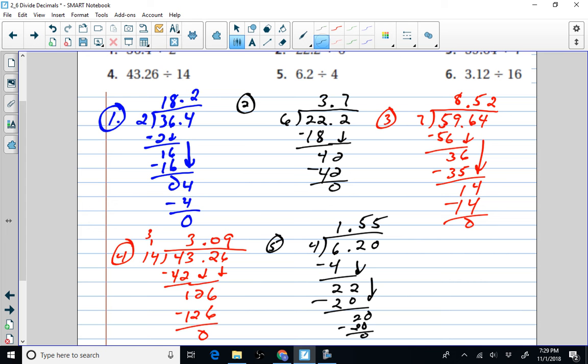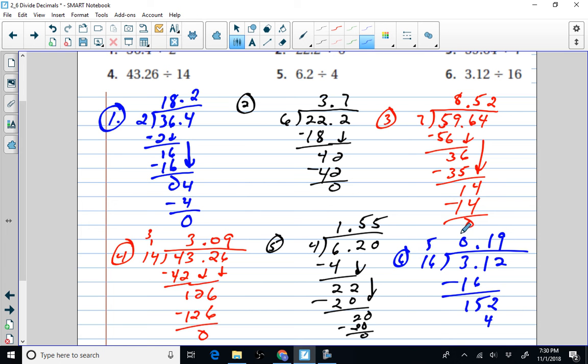And then problem 6. That's going to be 16 as our divisor. Our dividend is 3 and 12/100ths. Put the decimal point in our quotient. 16 can't go into 3, but 16 goes into 31 one time. 1 times 16 is 16. Subtract. That's going to give me 15. I bring down the 2. 16 goes into 152 9 times. 9 times 6 is 54.